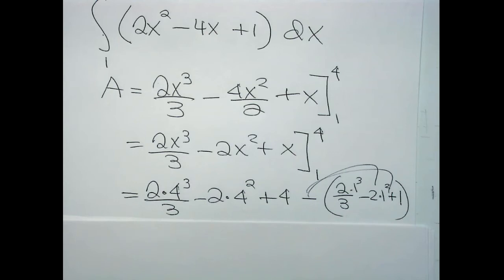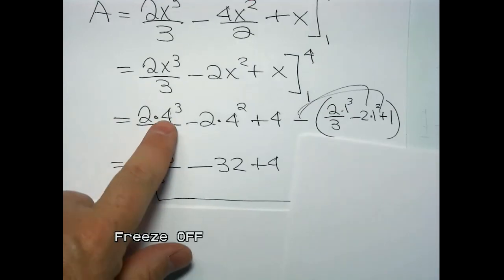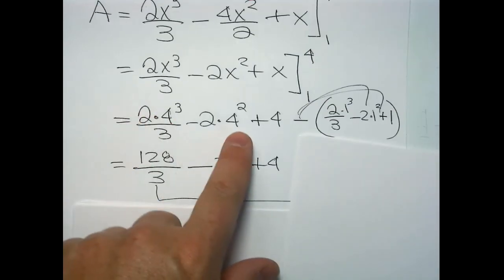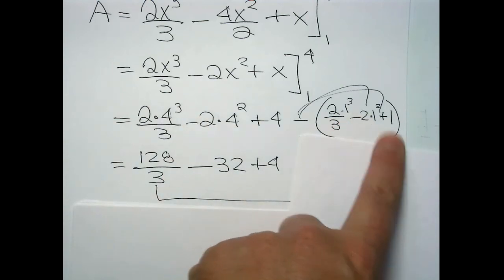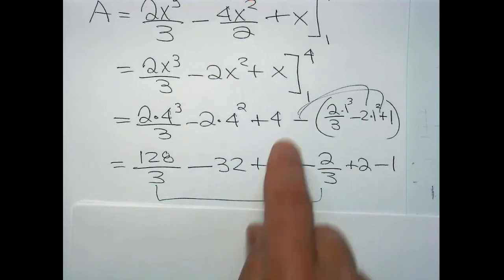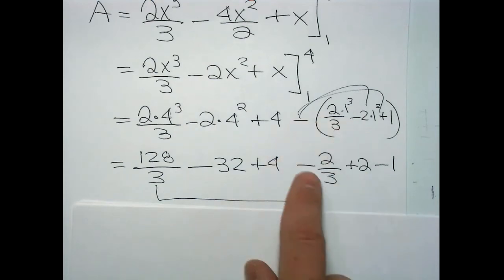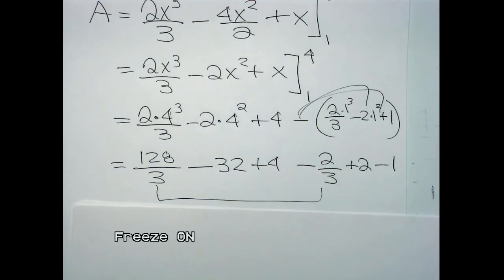Ultimately, I'm getting, on the left side, this is 64 times 2, or 128. This is 16 times 2, or 32. This is just 2/3 minus 2 plus 1. So I propagate the minus sign through, distribute it through, and that changes all of my signs over here.